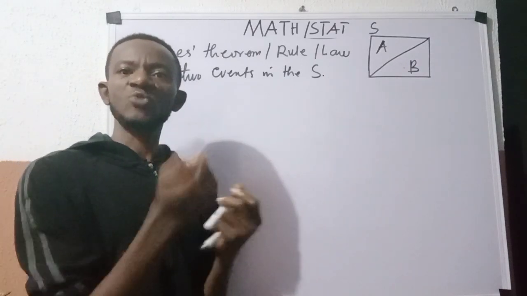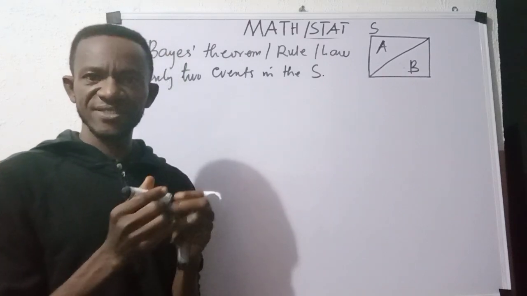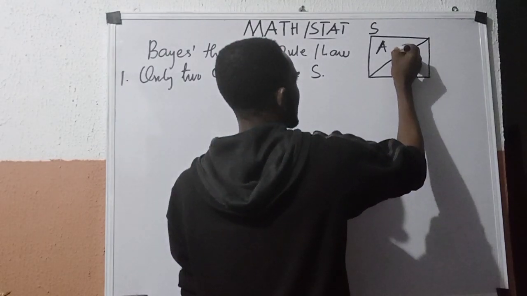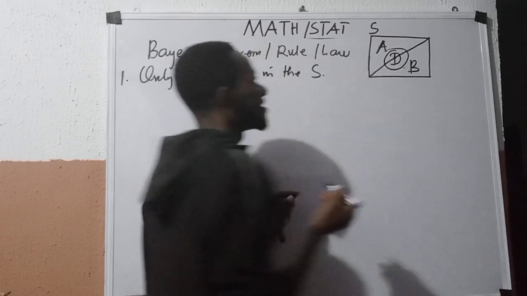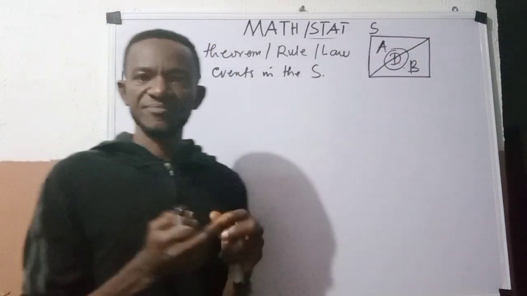And let that event superimposed in the sample space be represented with a letter D. So I have something like a dot here, and that is a letter D superimposed on this sample space.